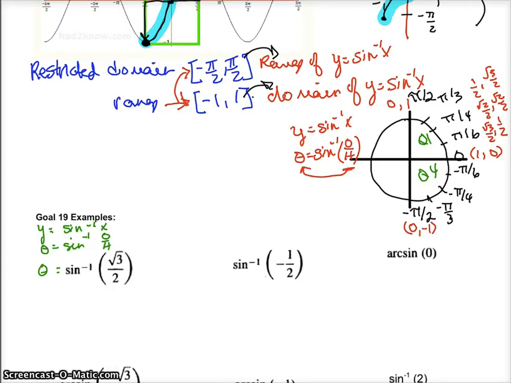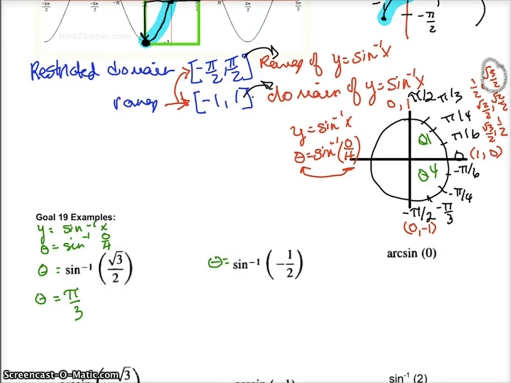So if we go over to our unit circle, I'll find root 3 over 2, and that's at pi over 3. So theta is equal to pi over 3. The second example, theta is equal to inverse sine of -1/2.